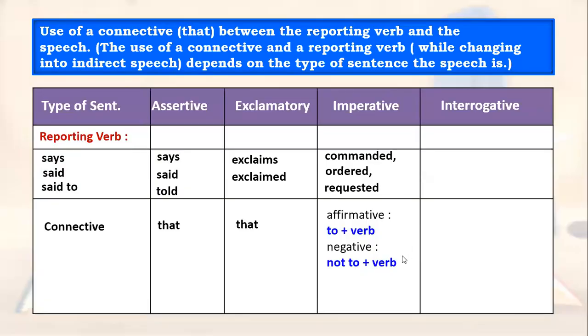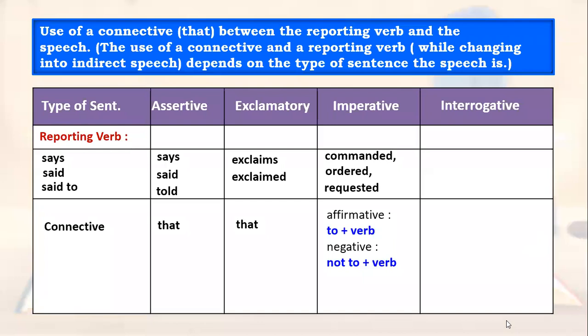The examples are, I said, bring me a glass of water, which will change to, I ordered to bring me a glass of water. And the negative version would be, I ordered not to bring me a glass of water, right?